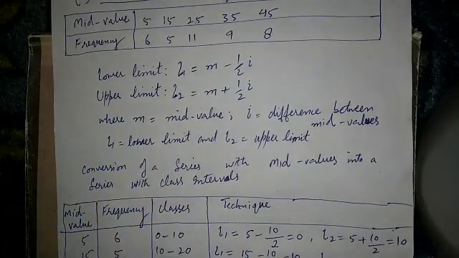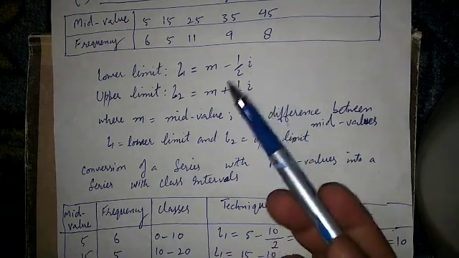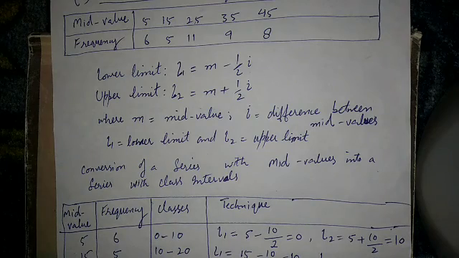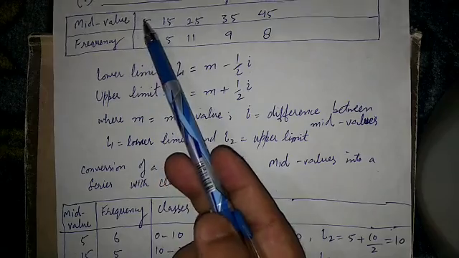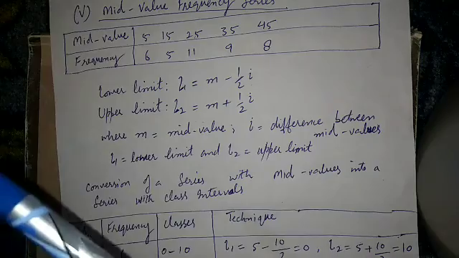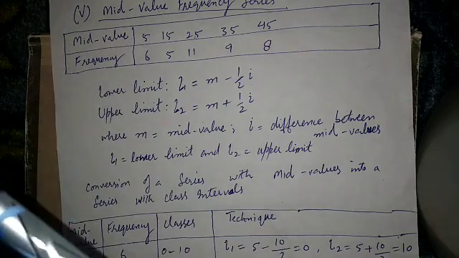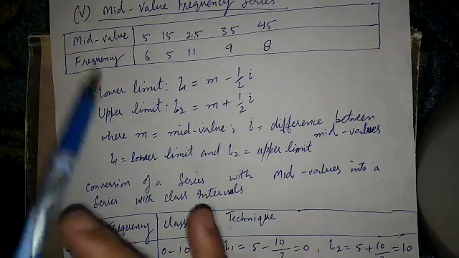First, the mutual difference between mid values is determined, that's I. Second, the difference obtained is reduced to half, which when deducted from the mid value gives the lower limit of the class interval, and which when added to the mid value gives the corresponding upper limit.